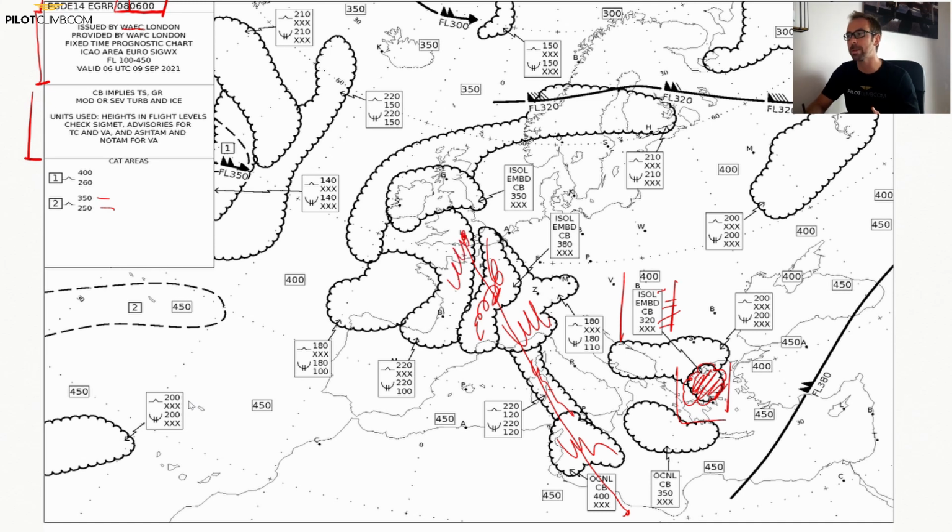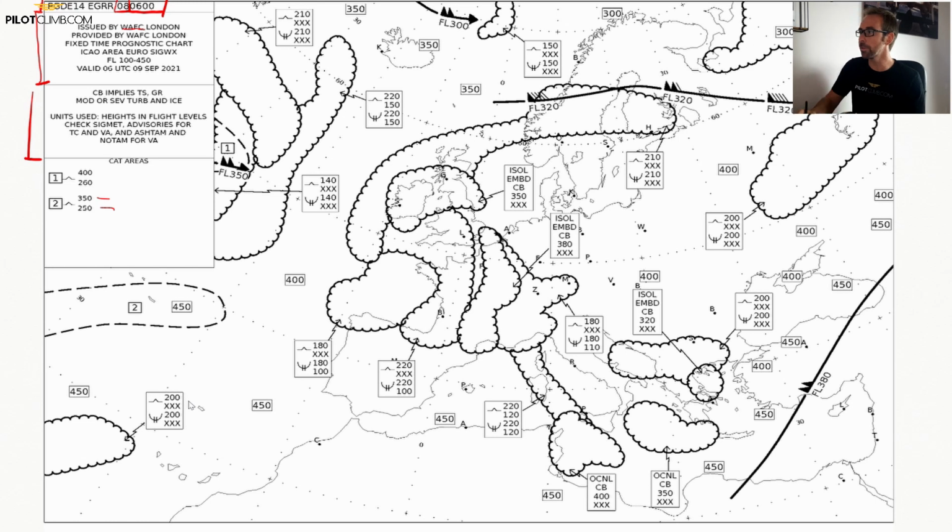So you might expect a busy day. However, if you fly from Rome all the way up to somewhere like Moscow, you will see that in this case the area around is clear. So it's a very good chart, a significant chart, because it tells you straight away what the weather is going to be like on your route.